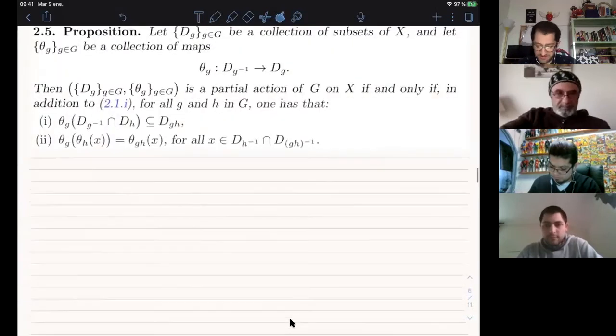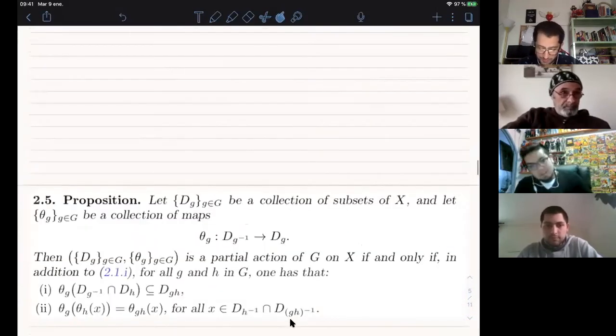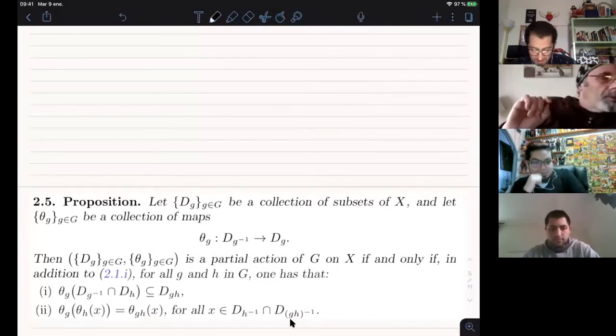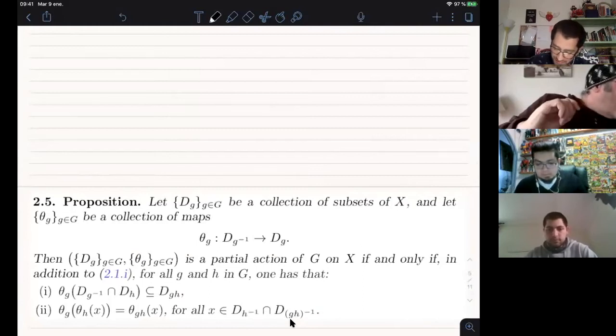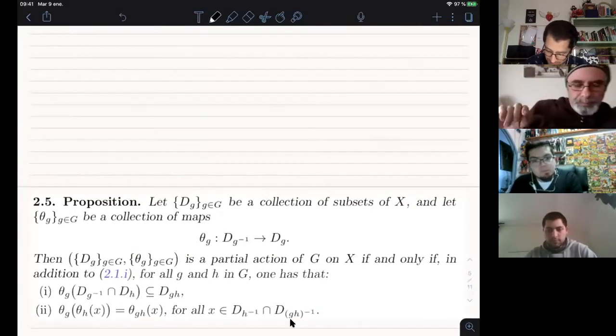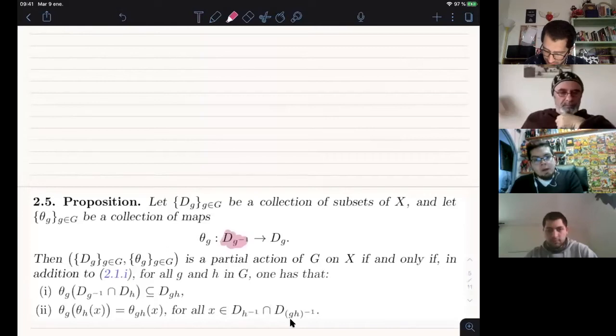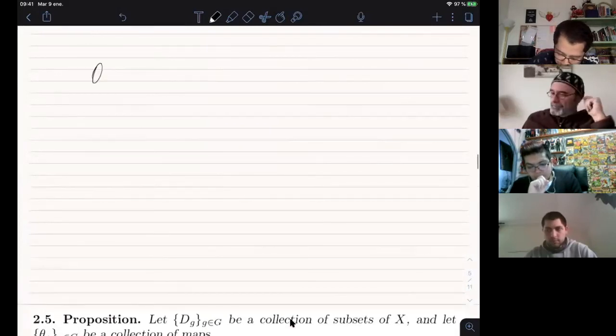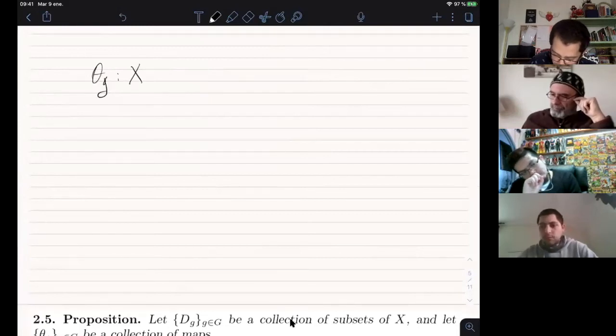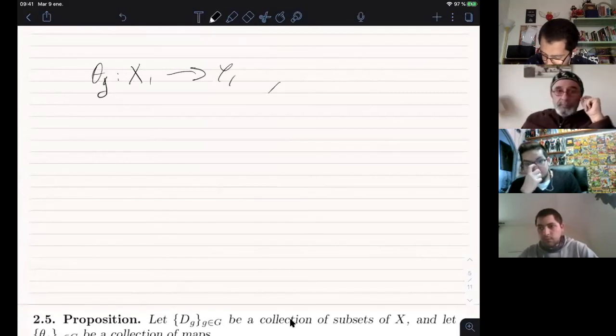And before this, what we are going to speak about a bit more is that if we take out these conditions here, for example, what I mean with this is that when we define X1 goes to Y1, where X1 and Y1 are going to be subsets of the whole space.